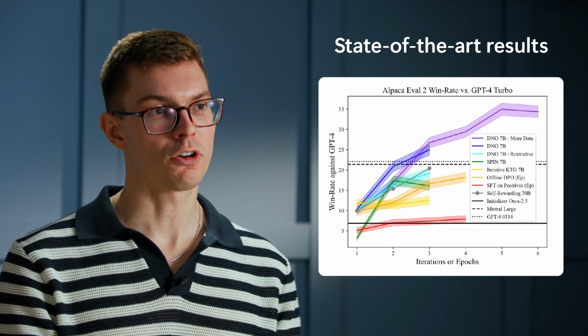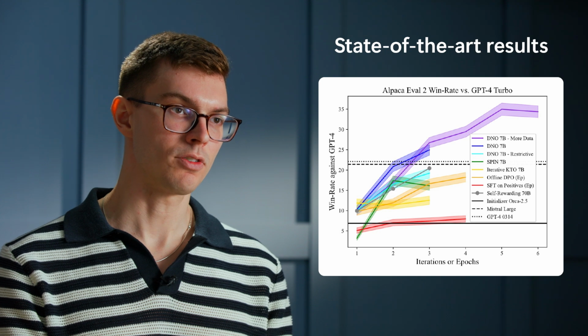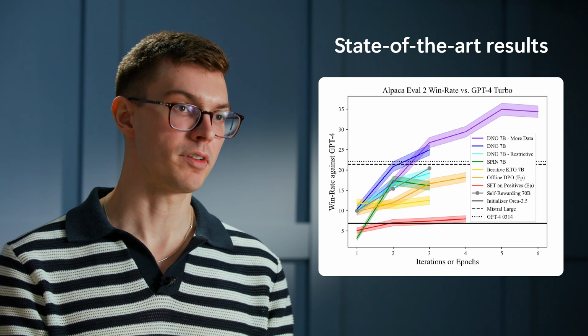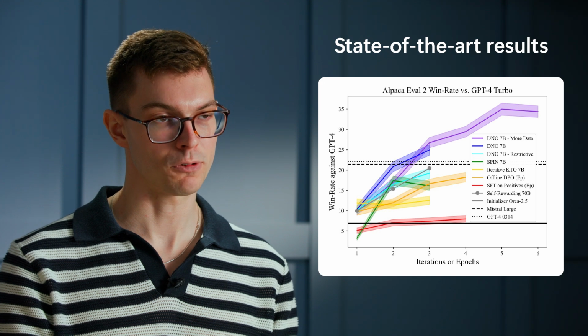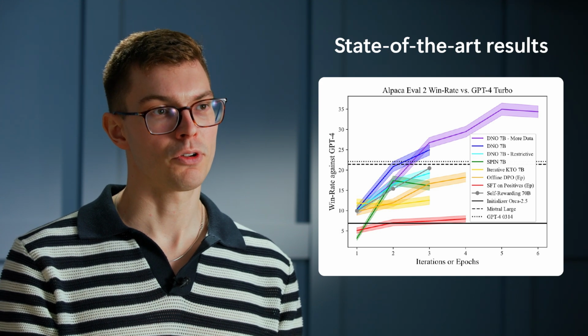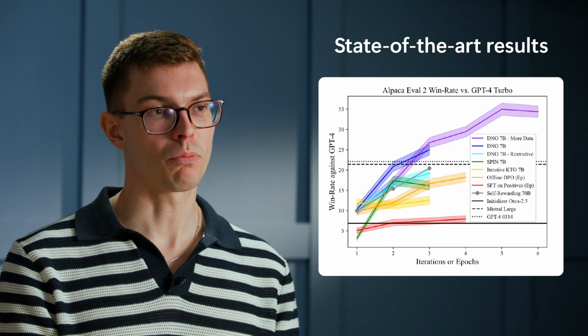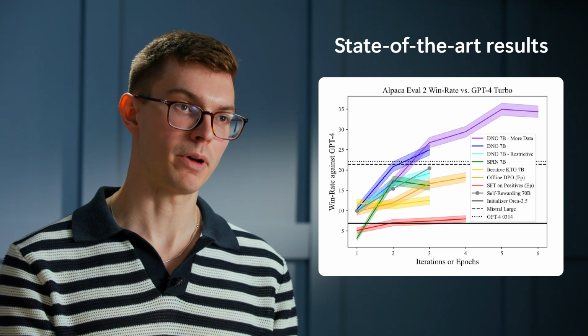Notably, DNO is also able to outperform similar training techniques from other models which were 10 times as large, namely the gray line, which was a 70 billion parameter llama model. We are also encouraged to see that these results do not saturate, and with more training in the purple line over more iterations, we see even better results.